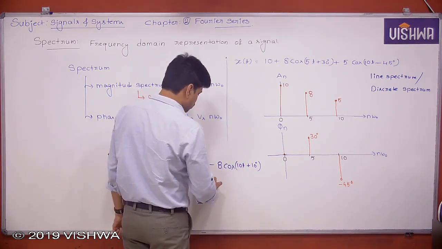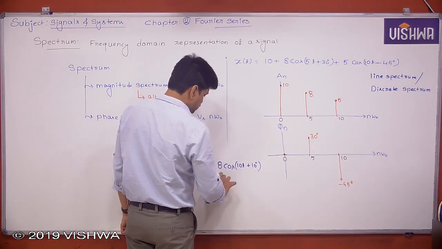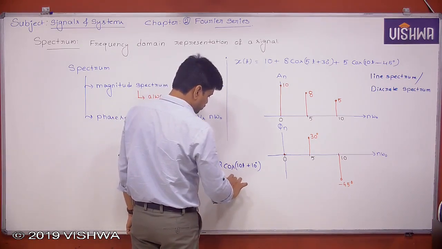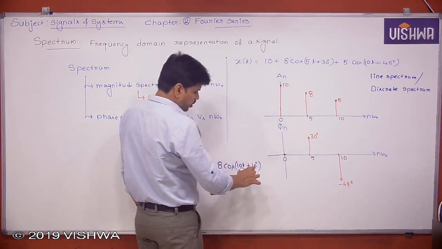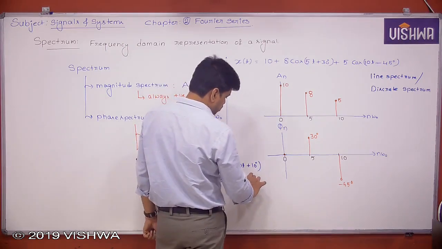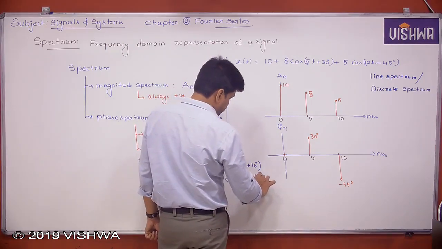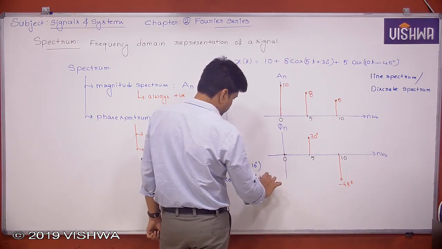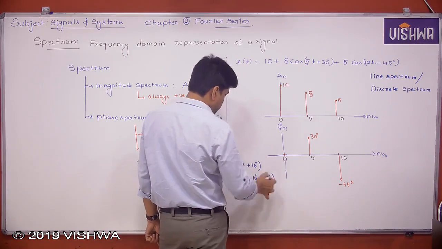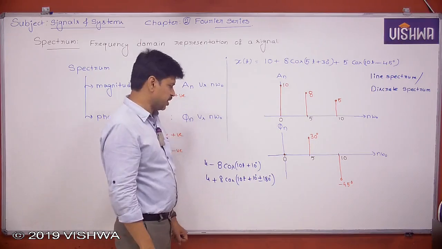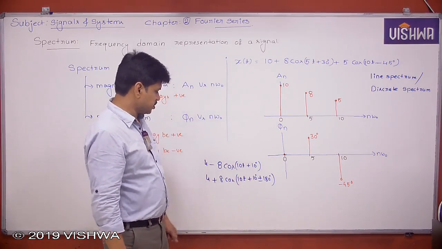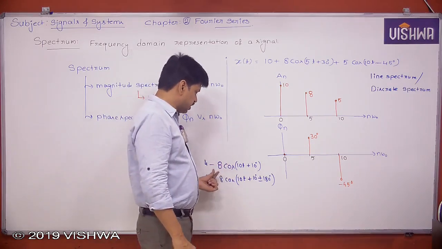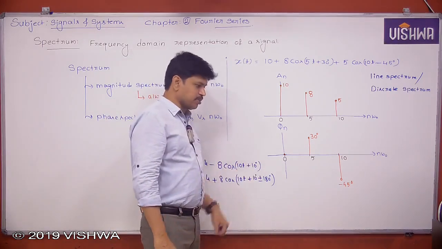So it becomes 4 cos(10t + 10 degrees plus or minus 180 degrees). It is your convenience: you can take plus, you can take minus. It won't make any difference, both are the same. So this is the way we convert a negative sign into plus or minus 180 degrees.